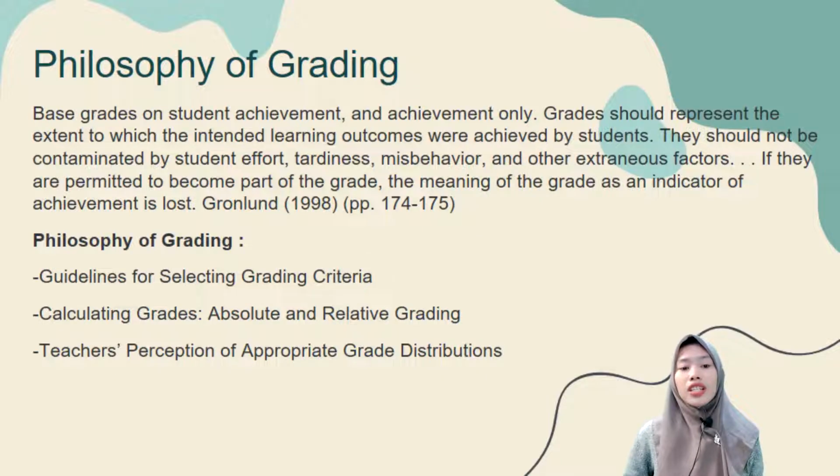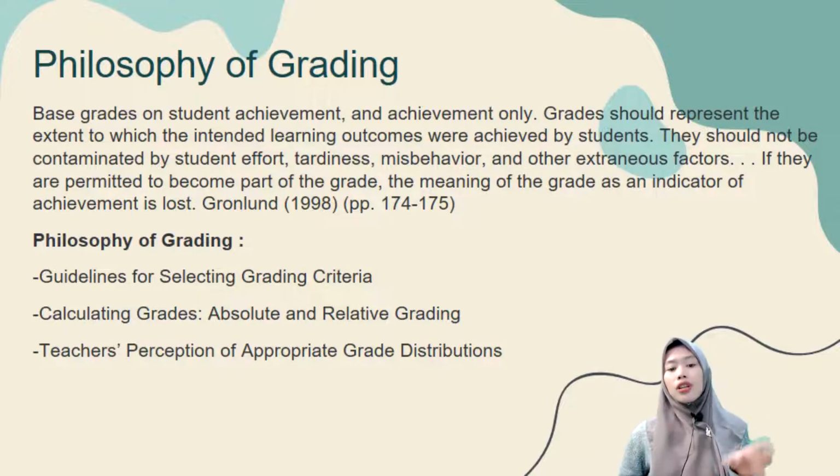If they are permitted to become part of the grade, the meaning of the grade as an indicator of achievement is lost. And then philosophy of grading: guidelines for selecting grading criteria and then calculating grades, absolute and relative grading. And then the last is teacher's perception of appropriate grade distribution.